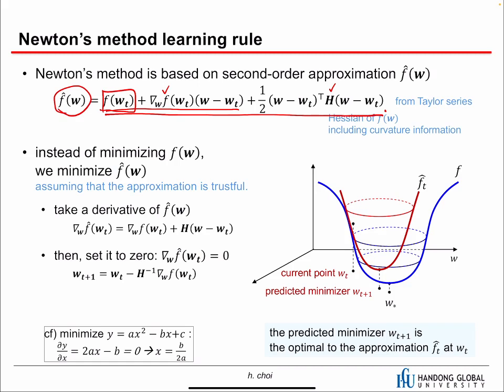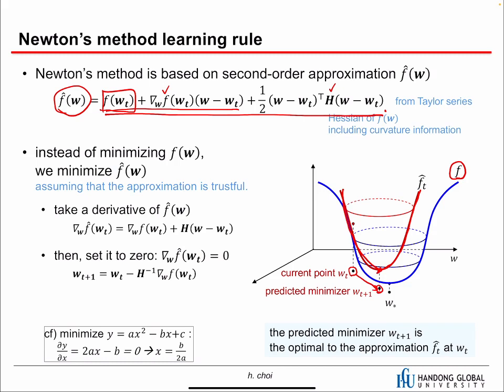Look at this figure. We have the real function, and we are here. At every location we approximate f with a quadratic equation like this. And then we go to this point directly because we know how to solve this problem.